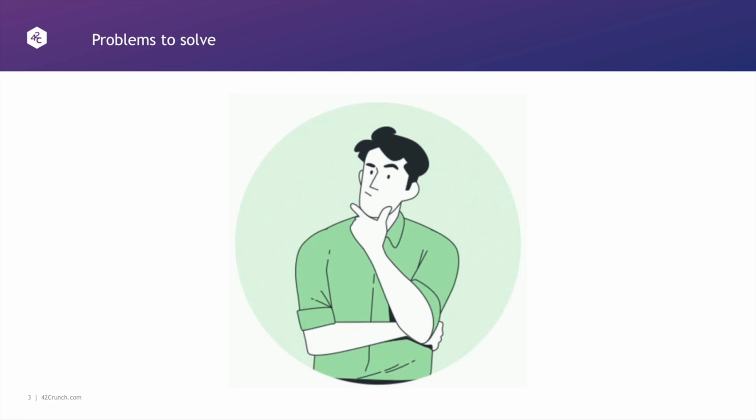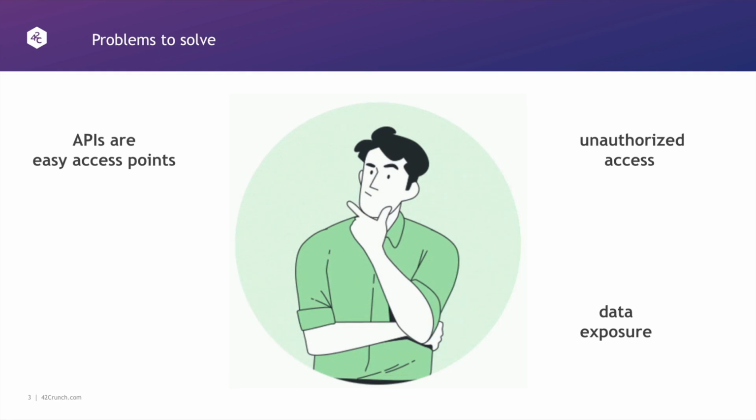So before we start talking about secure by design, let's first be clear about what are the problems we're trying to solve with this approach. When it comes to API security, two of the main challenges most teams have is preventing unauthorized access into their systems for people to cause damage, and the other is preventing leaks of your data, especially your customers' data. Now, APIs are top of mind for both of these problems because, well, first of all, APIs are very easy access points into your system.